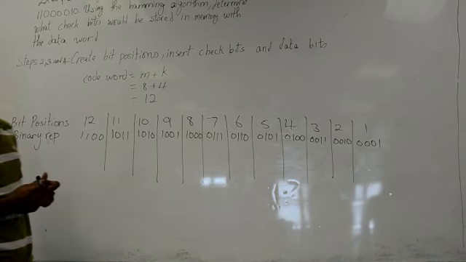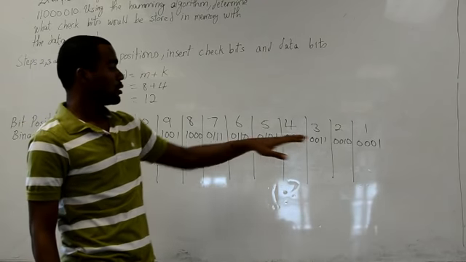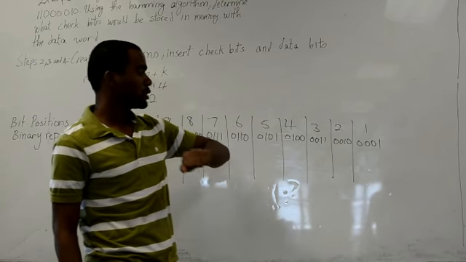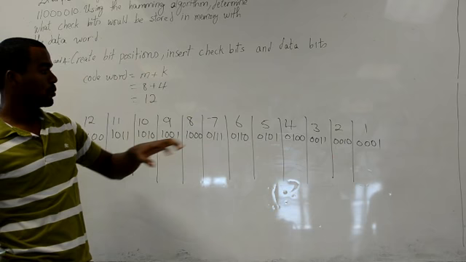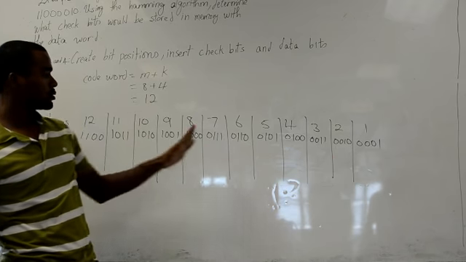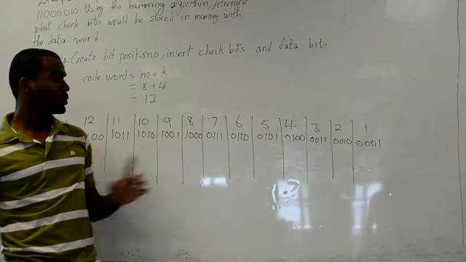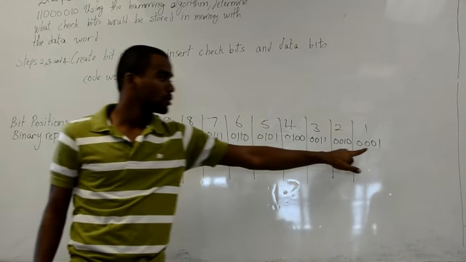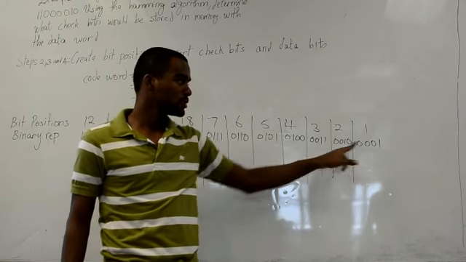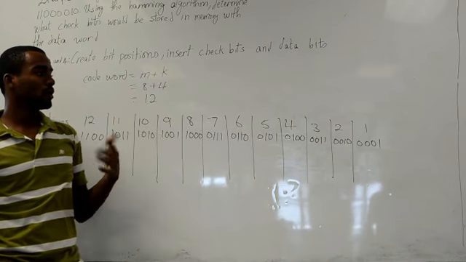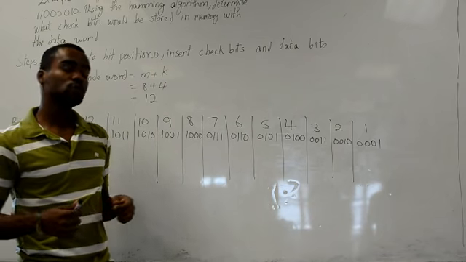How are we going to know where we're placing the data bits and the check bits? We first put in the check bits, and what we're going to do is look for the binary representations that have only one 1 within the binary representation, or simply put, powers of 2.